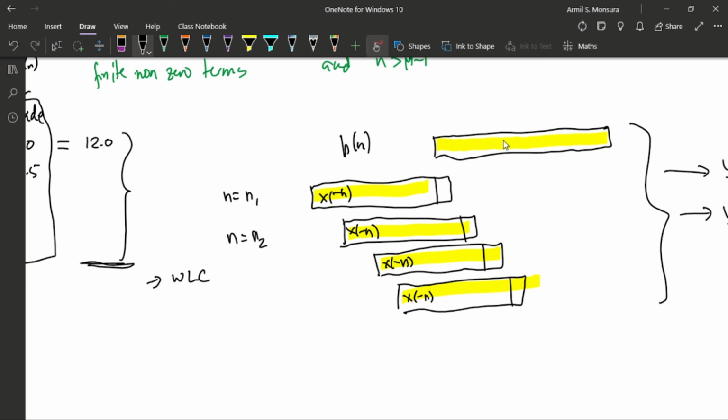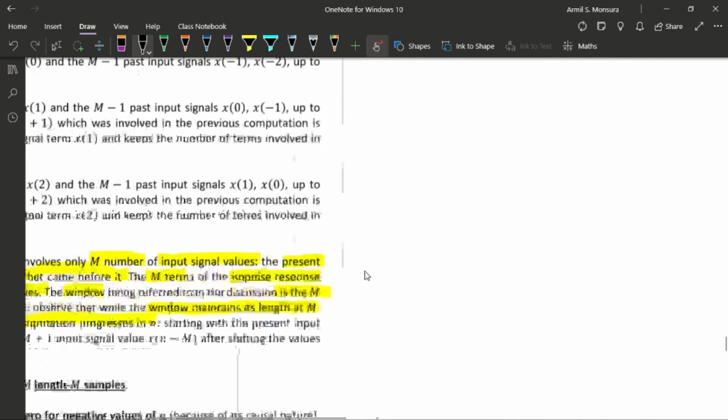So while we maintain that the length of the window is still M, we see that inside this window, the values shift. They change because the convolution calls for shifting as one of its steps.